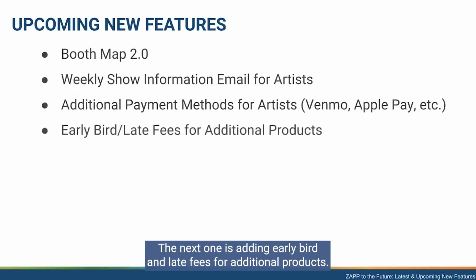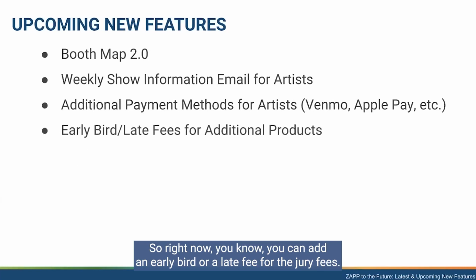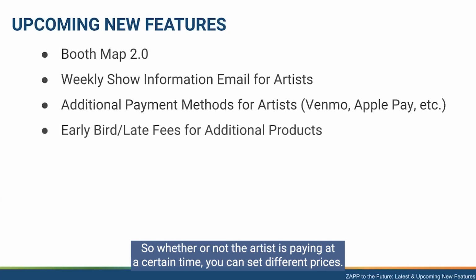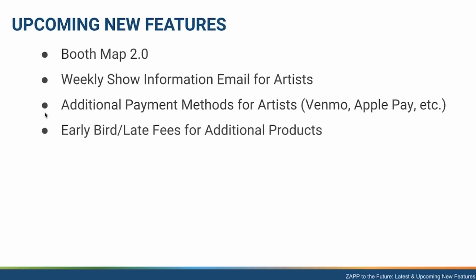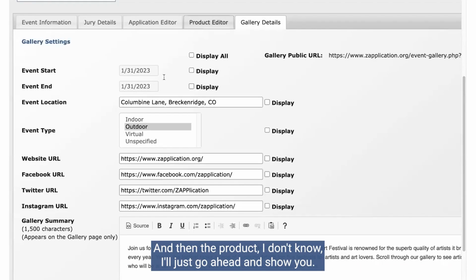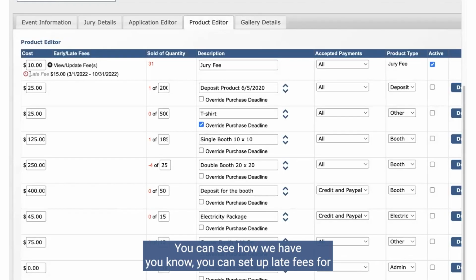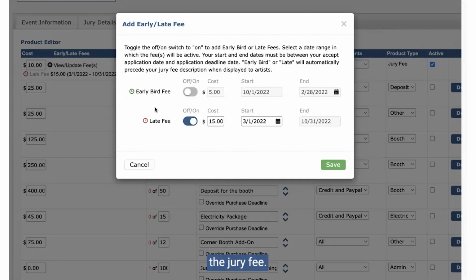The next one is adding early bird and late fees for additional products. So right now, you can add an early bird or a late fee for the jury fees. So whether or not the artist is paying at a certain time, you can set different prices. And then the product editor, I'll just go ahead and show you. You can see how you can set up late fees for the jury fee.